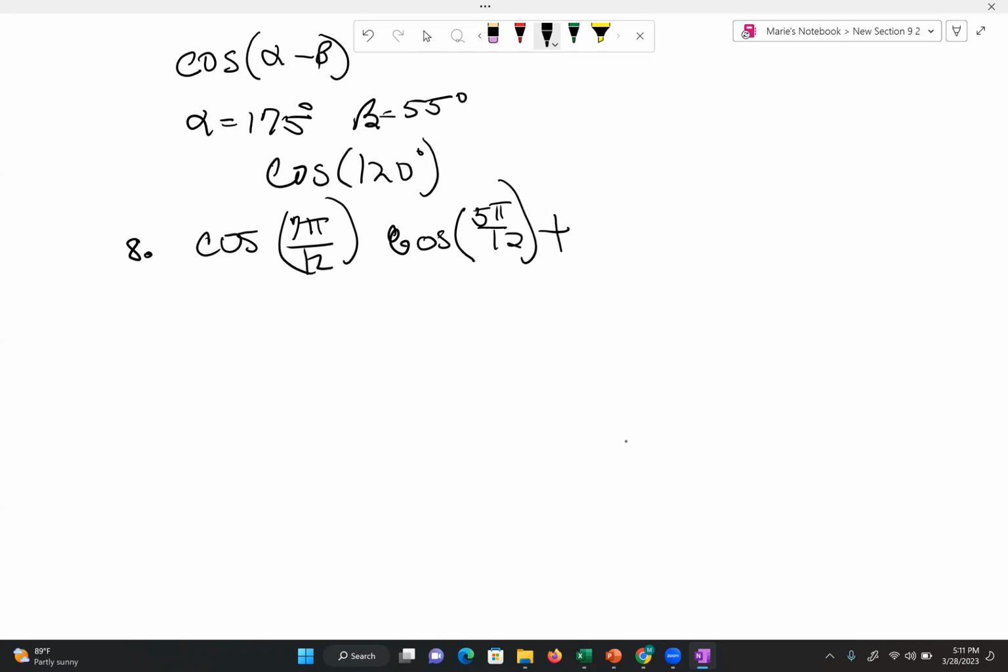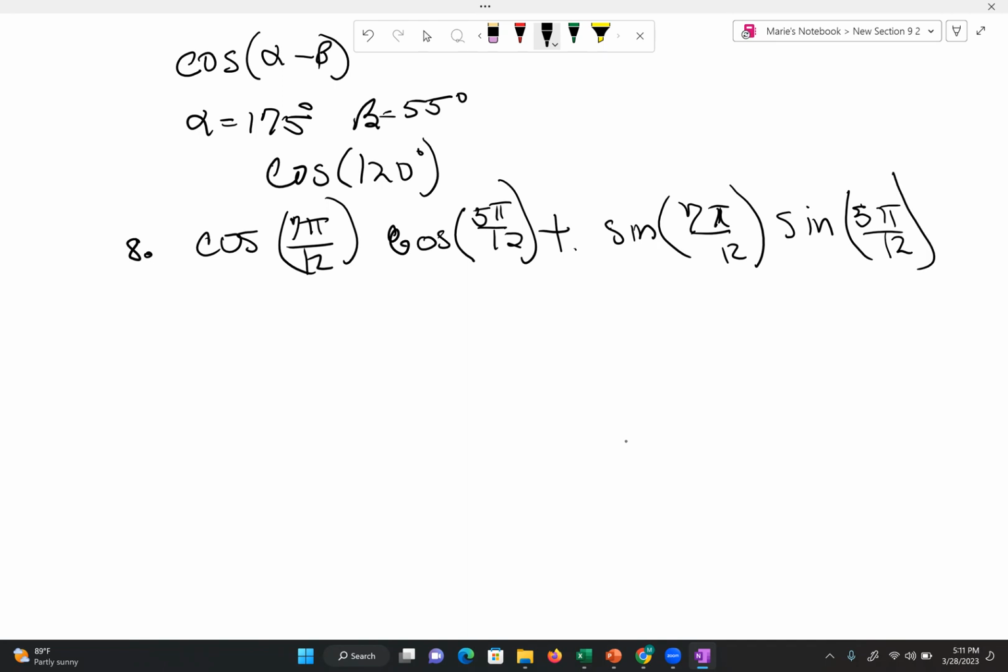And this is plus sine of 7 pi over 12 times sine of 5 pi over 12.